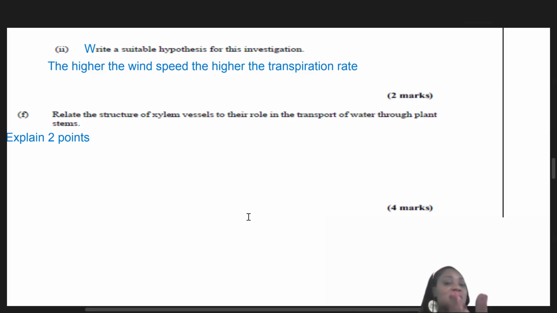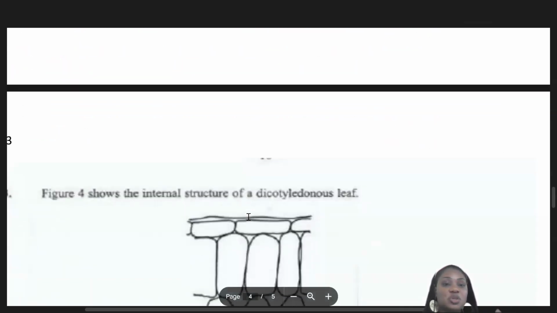So the fact that they're dead and hollow means that there's less resistance for the water. And also the fact that we have lignin in the walls of the xylem vessel reinforces them so they don't collapse, right? So the xylem vessels don't collapse when the pressure of water is high inside of them, or even when the pressure is low, it doesn't collapse. The tubes will stay open. So those are 2 features you could say to relate the structure of the xylem to its function.